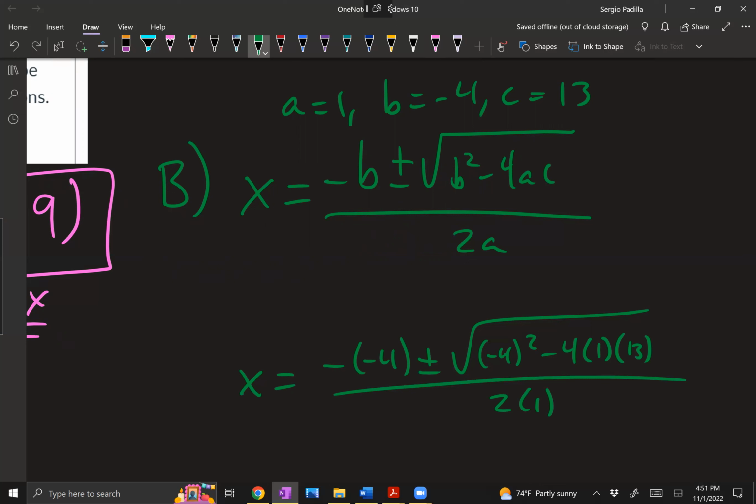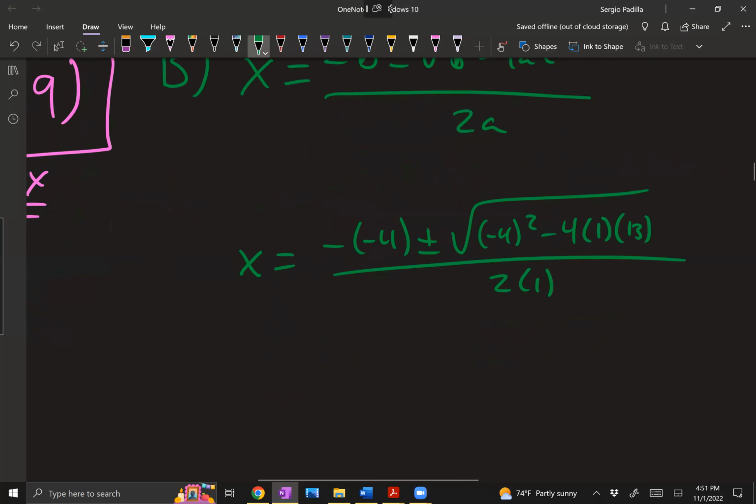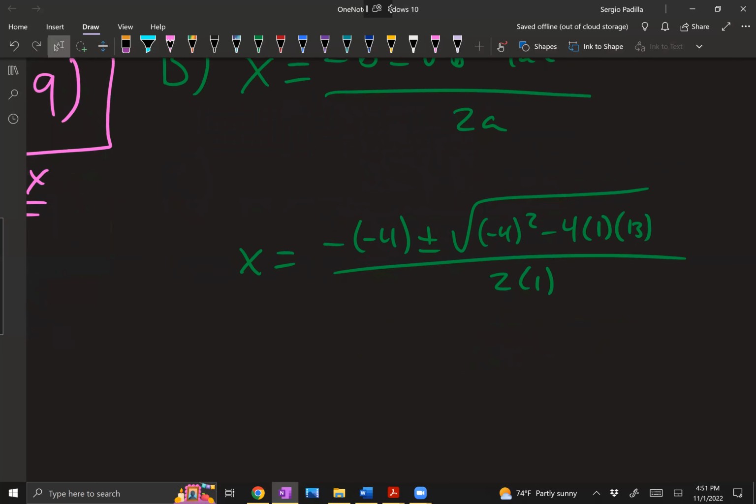My first step, I always plug everything in really carefully with parentheses to make sure I don't make any silly mistakes when I have a negative and a negative, or squaring a negative number. My next step, I'm going to start to simplify a little bit. The -4, those cancel, so that gives me 4 plus or minus.